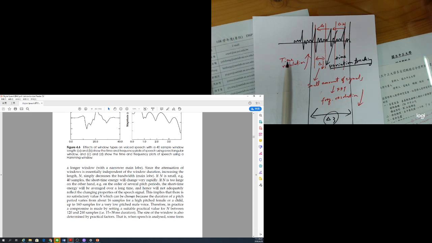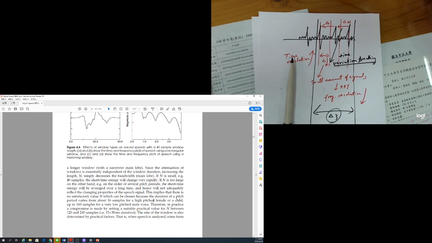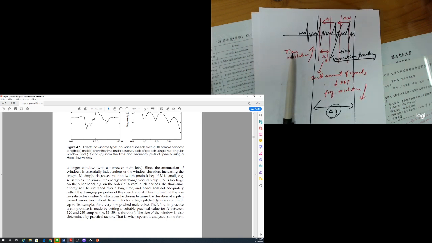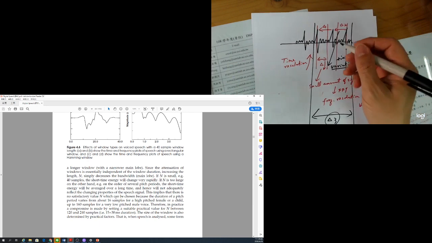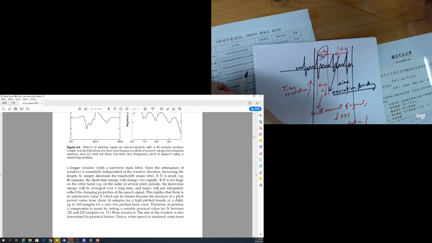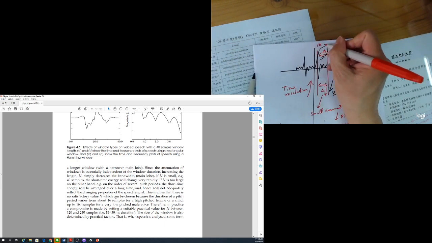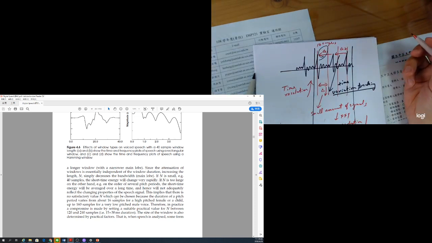However, if we consider the physical meaning, for a female or a child, one pitch period minimum could be 16 samples only, so they have a high frequency.